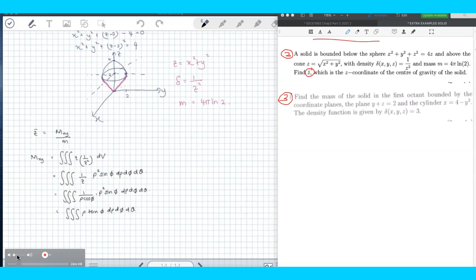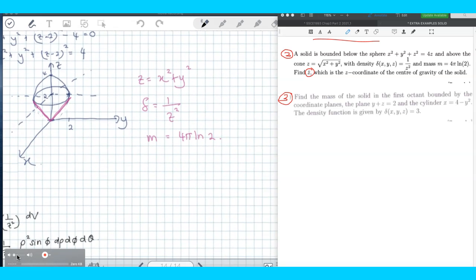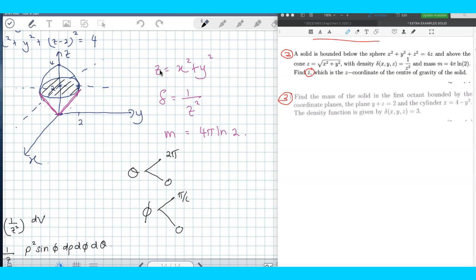So now we want to get the limit of theta. Basically from the graph, theta is a complete circle, as you can see on the xy plane, so 0 to 2 pi. Then phi: your solid is part of the phi, and the phi depends on the cone that you have here, where phi is 0 to pi over 4.